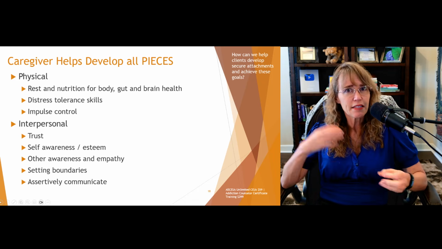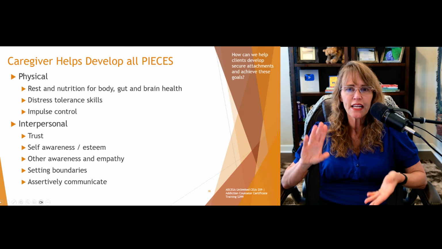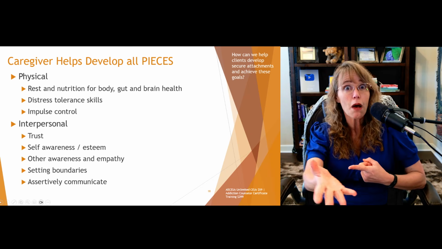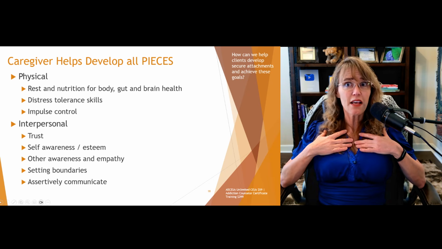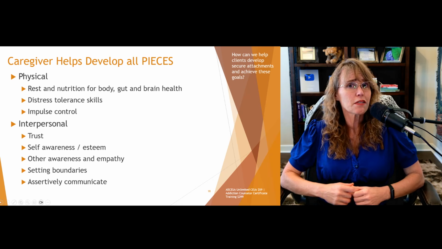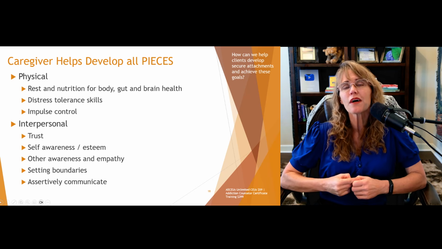Interpersonally, in developing that secure attachment and being attentive and responsive, the caregiver helps the child learn to trust them as well as trust themselves. When the child feels scared, the caregiver says, okay, you're scared. I'm not going to tell you that you're wrong because you are scared.